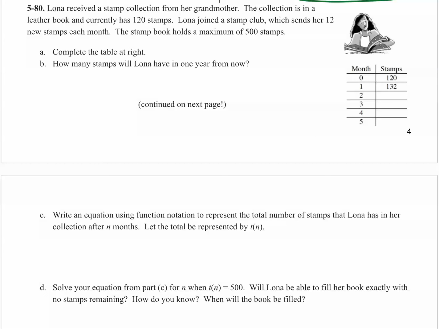Lana has a stamp collection. This has a leather book and 120 stamps. So as you can see, this is kind of like the starting value. Month 0, she has 120 stamps. Lana joined a stamp club, which sends her 12 stamps every month, and this holds a maximum of 500 stamps. Let's complete the table at the right.